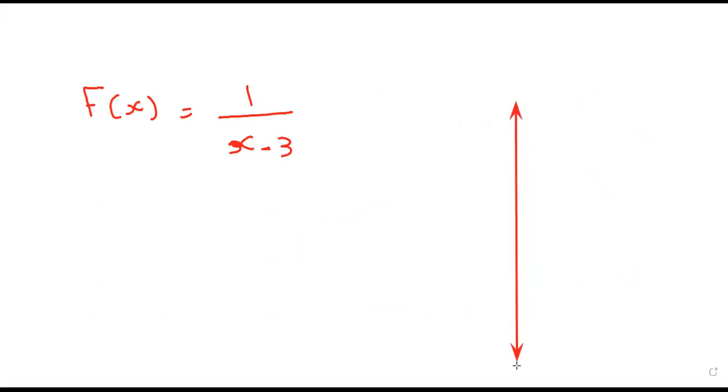What if I have a function like f of x equals, let's say, 1 over x minus 3? What are the values of x we can find, and how can we graph this relation?